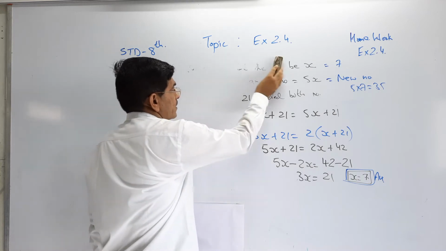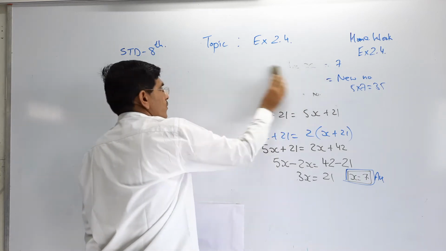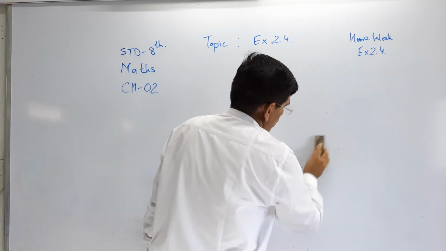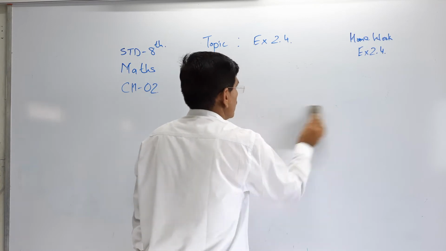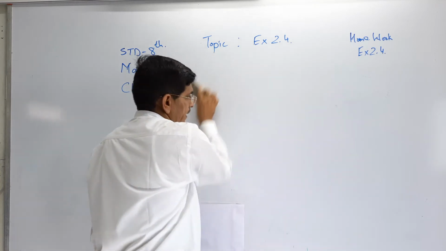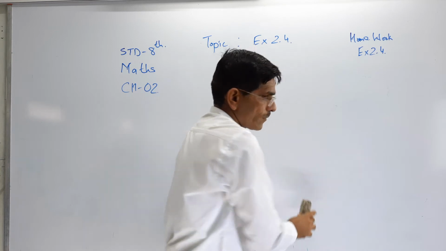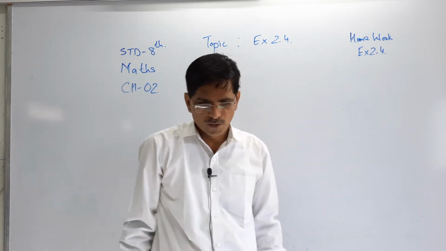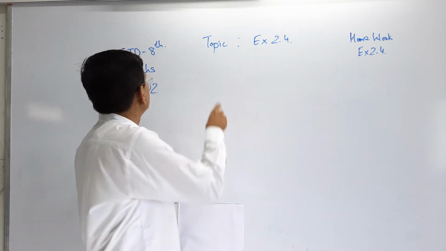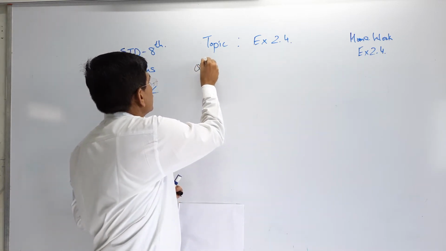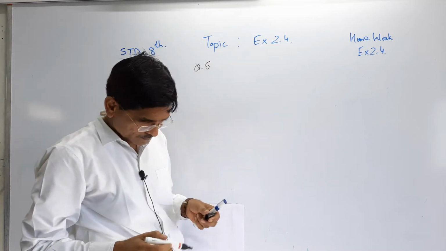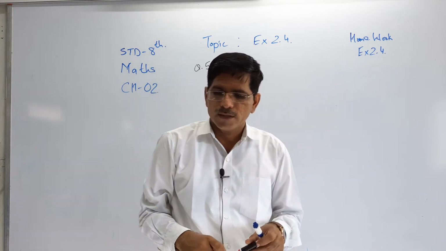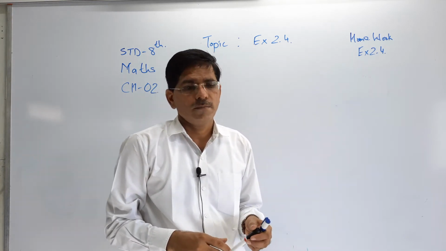Again read question number 5. Questions 3 and 4 are digit number problems, so they should be explained later on. Again I say to you, this is Shobha's mother, question number 5. Shobha's mother's present age is 6 times Shobha's present age.